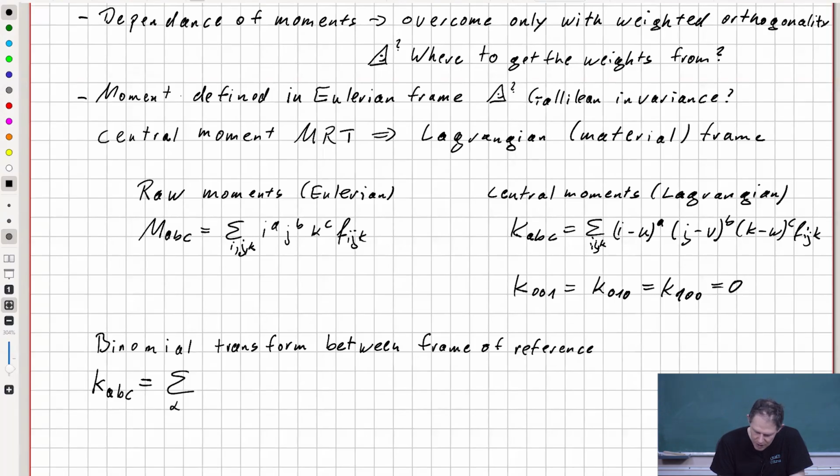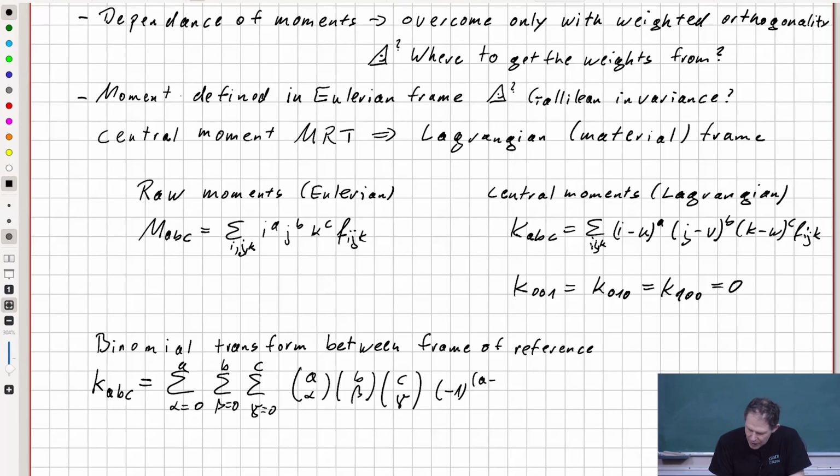through these sums here. So we sum alpha from 0 to A, we sum beta from 0 to B, and we sum gamma from 0 to C, and then we have this binomial A over alpha, B over beta, and C over gamma, times -1 to the power of A minus alpha plus B minus beta plus C minus gamma.